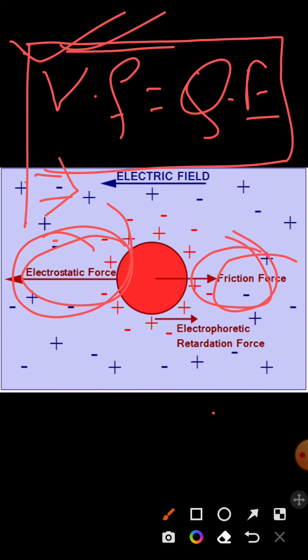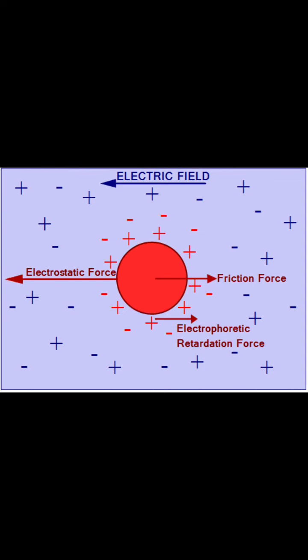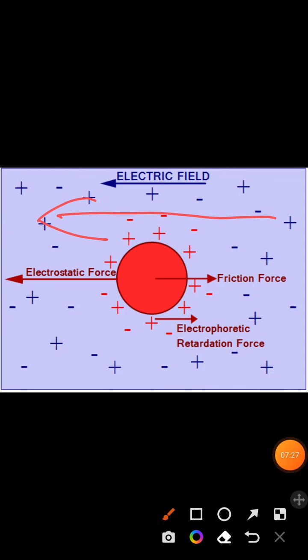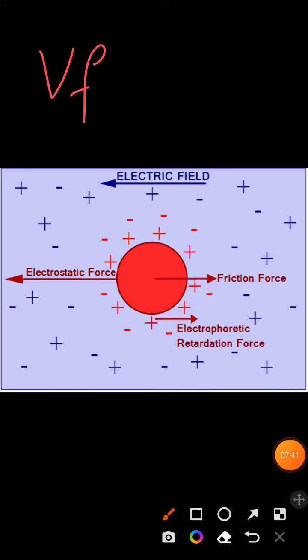Now what is electrophoretic mobility? Electrophoretic mobility is simply the migration of the molecule through the medium. That means the migration of the molecule through the medium is expressed with the help of electrophoretic mobility. We are going to derive the equation for the electrophoretic mobility from this equation.